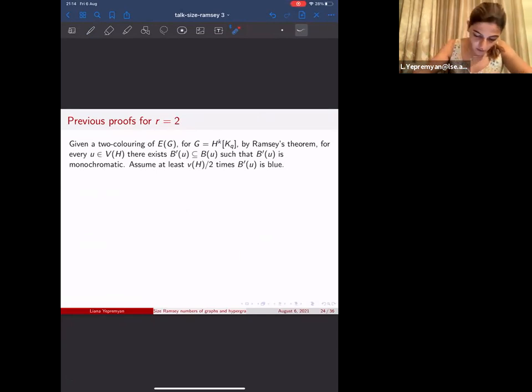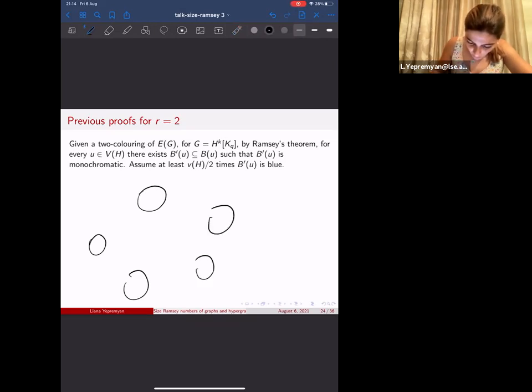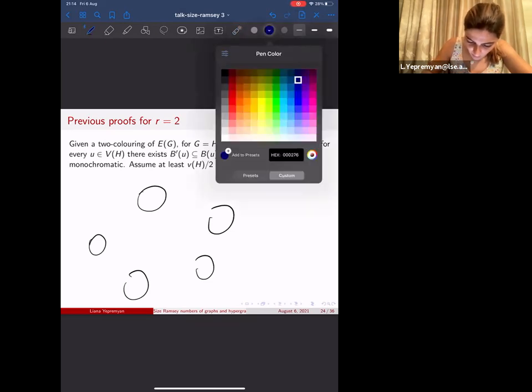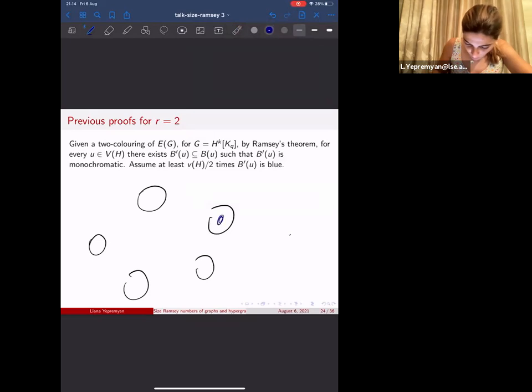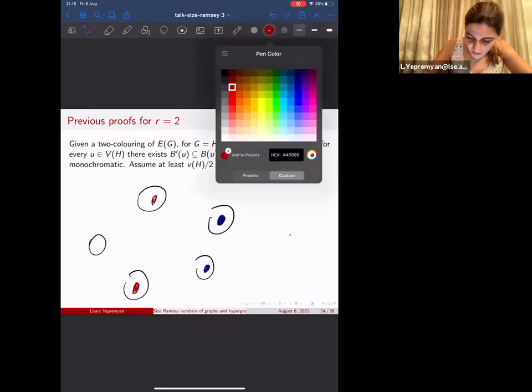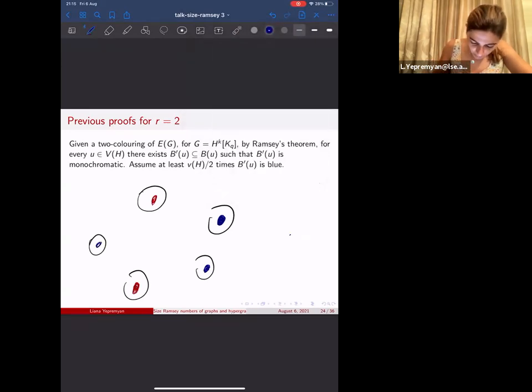What I know is that by Ramsey's theorem, if I'm looking at all these blobs, where the edges are colored red or blue, and if my blobs are large enough, I'm going to be able to find large monochromatic cliques inside them. Some of them will be blue and some of them will be red. And I will just take the majority color.